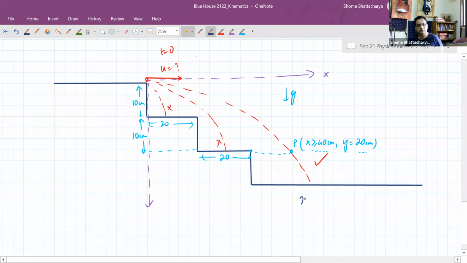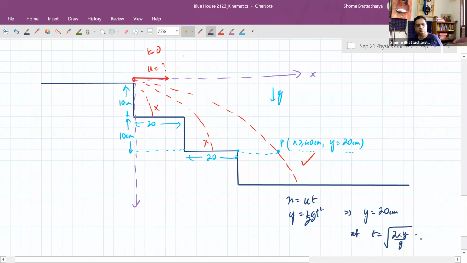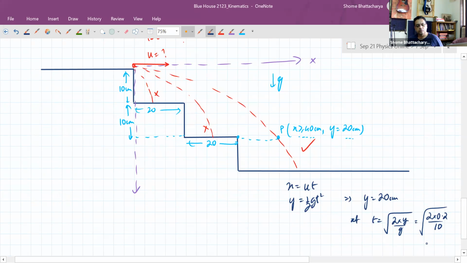In general, x is equal to ut and y is equal to half gt square. So y is equal to 20 centimeters at t equal to square root of 2y by g, that is square root of 2 into 0.2 divided by 10. Let's take g as 10. So that time will come out to be 0.2 seconds.